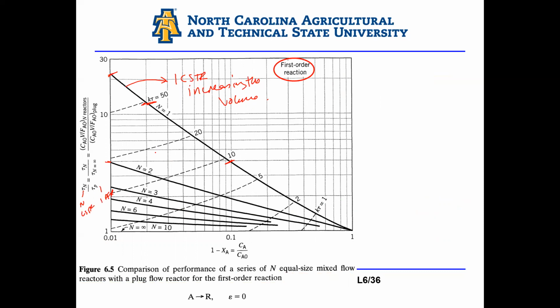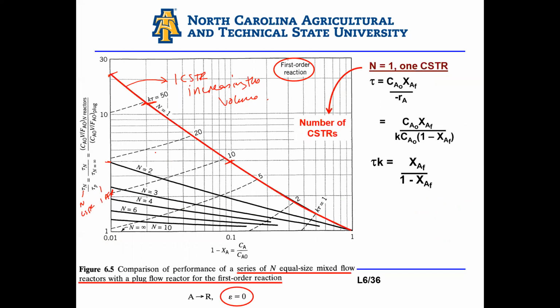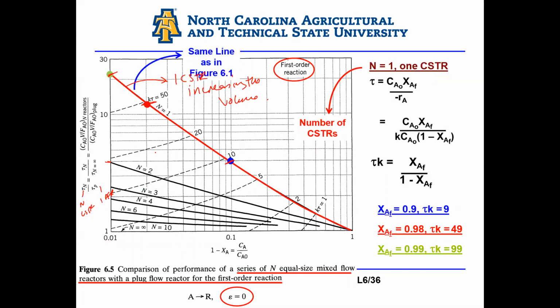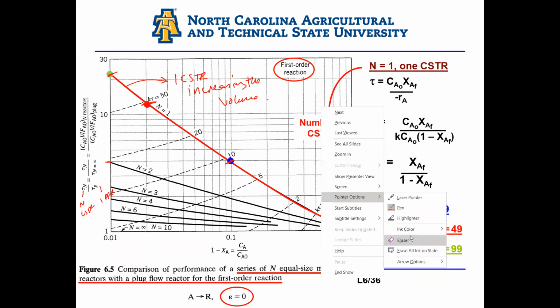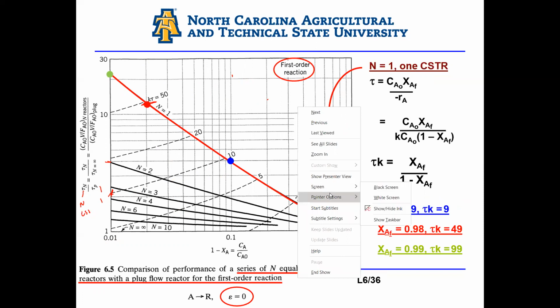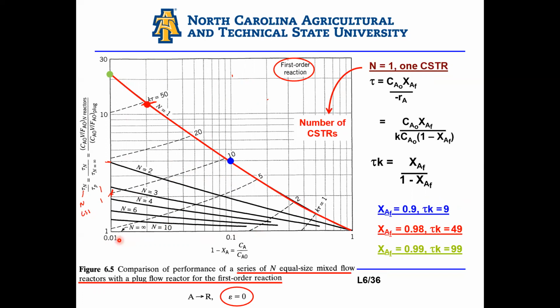And then an additional conclusion you need to know is that it's always better to number up the CSTRs than to use a larger CSTR, okay? And by this, I mean, if you want to achieve a very high conversion using a CSTR, instead of using one CSTR with a much larger volume, or even two CSTRs with a much larger volume, you can number up the CSTRs.